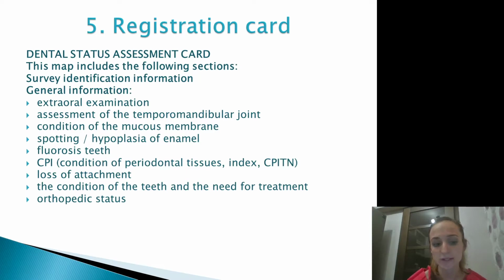And of course, orthopedic status and orthodontic status you should write in the registration card.